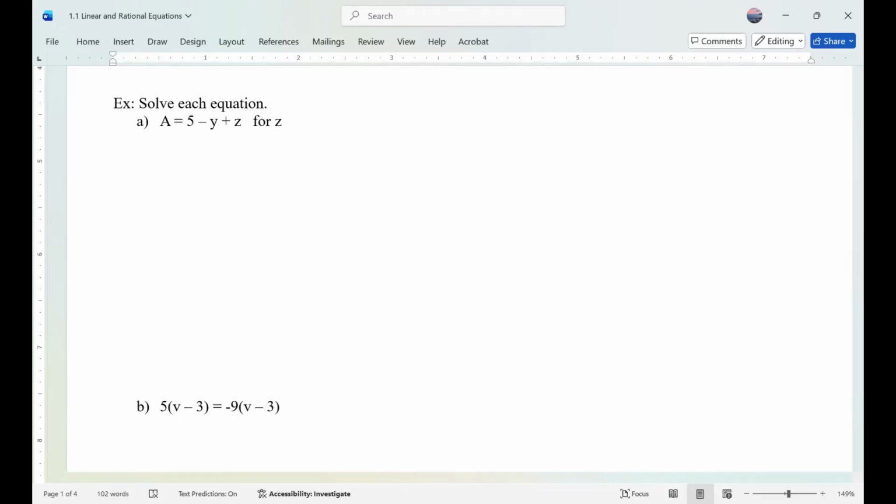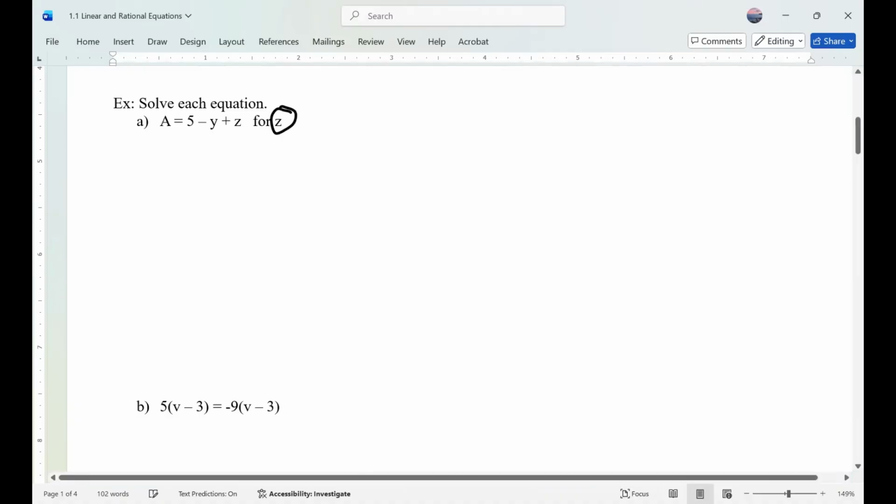Well, we don't want to continuously solve this over and over again after plugging in those numbers. So what we do is we solve for one of the variables. In this case, they want us to solve for Z, and then we can just plug the numbers in and it's straight basic math. So that's the reason why we adjust formulas and solve them for a different letter.